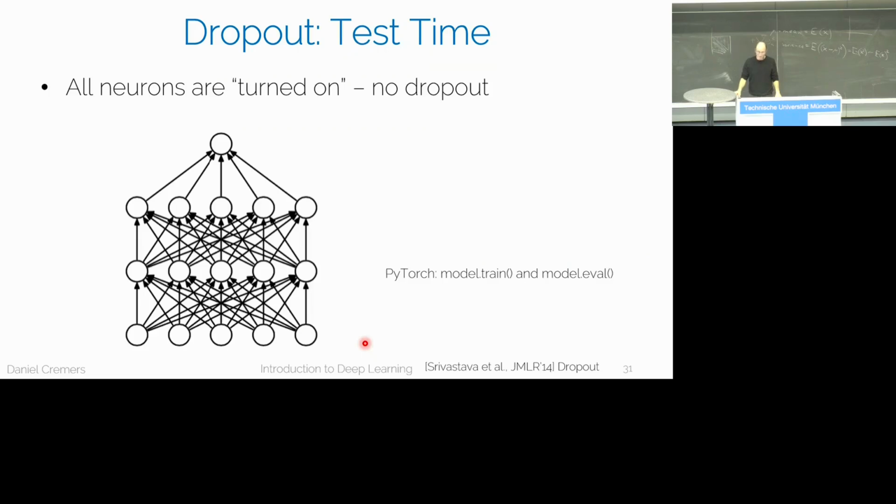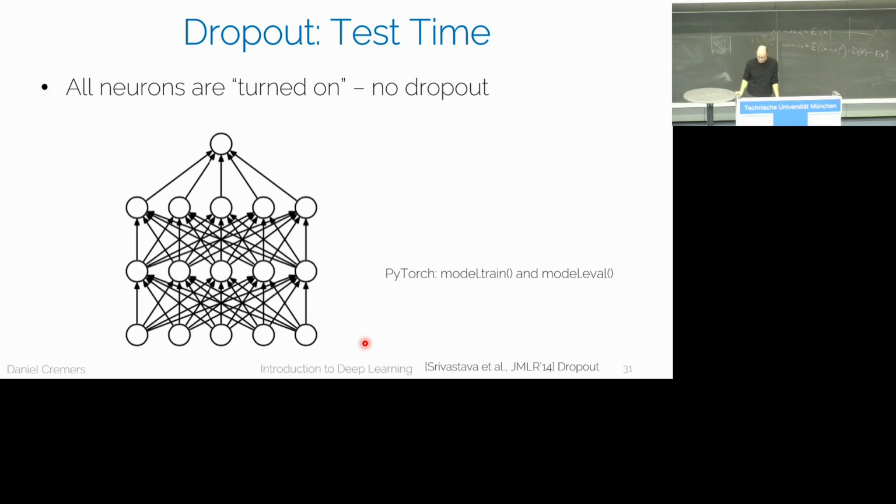Right, so you have to normalize appropriately at test time, because if at training time you only used half and at test time you use more neurons, then the score for each layer will be higher, and then the activations will be larger.